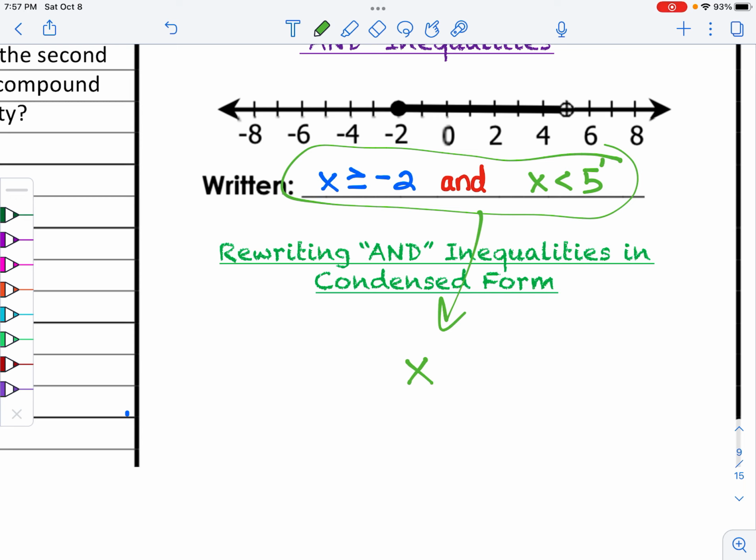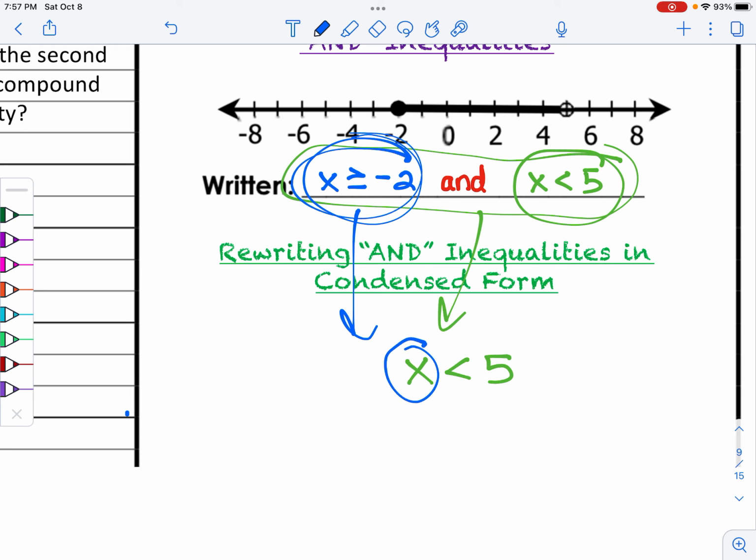If I just look at this part right here, I can just copy it, like this. Okay, piece of cake. Now, if I take this other part, I want to put it on the other end of this and put them together. But because I already have the x right here, I'm going to have to flip this thing around. So if I flip this around, it's going to look like this.